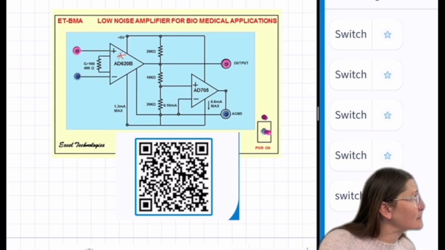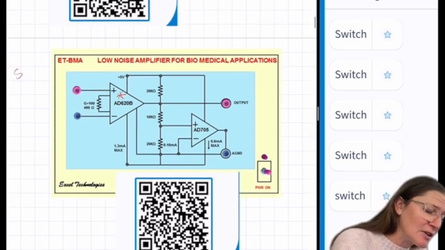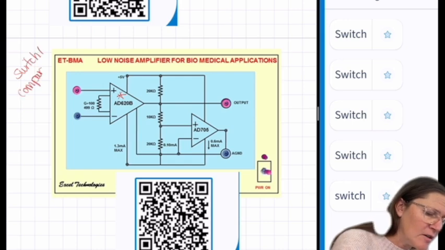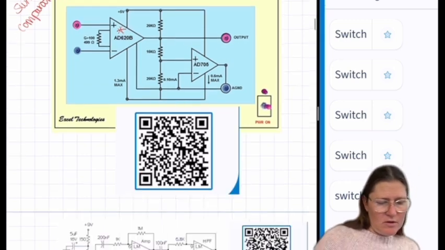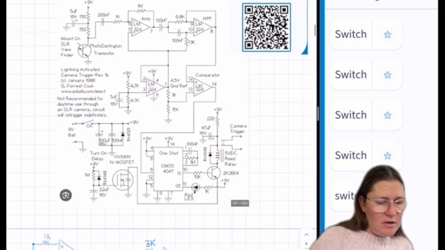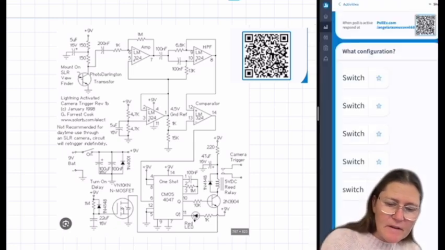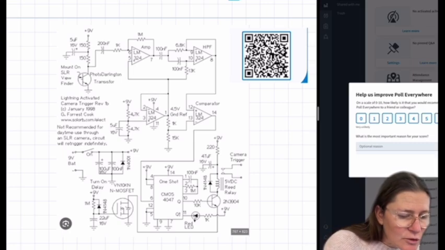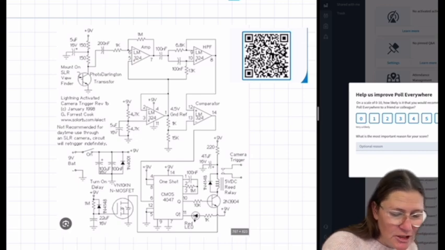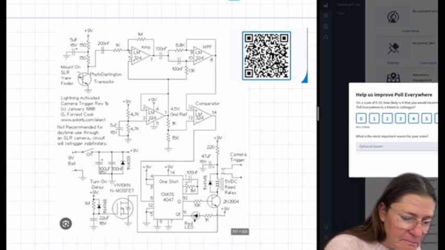Okay, correct. I think everybody's getting that one. So this would be a switch comparator. Okay, let's do this one.